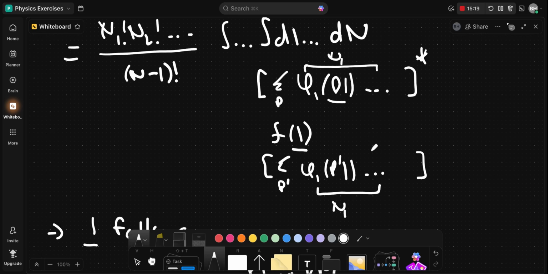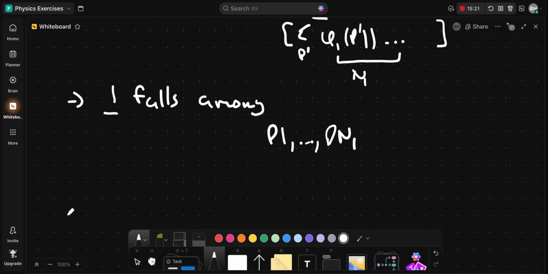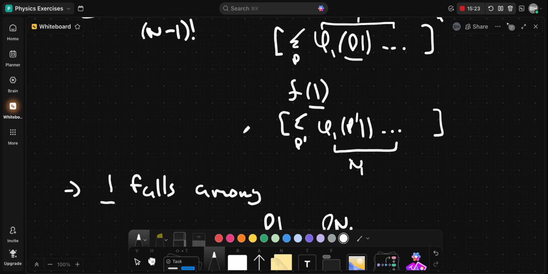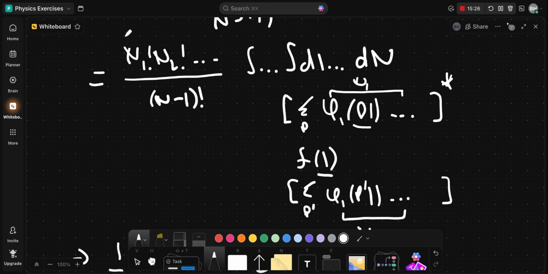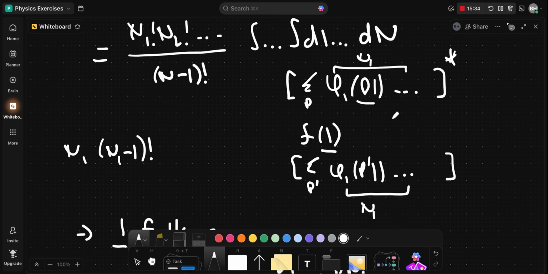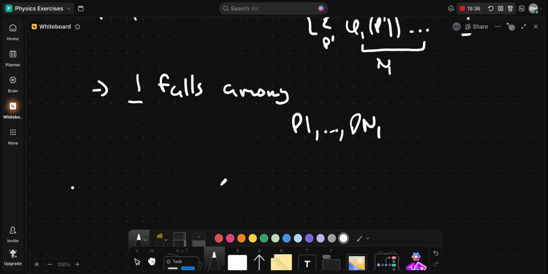What I am going to do is break this n1 factorial into n1 times n1 minus 1 factorial. So my expression becomes n1.